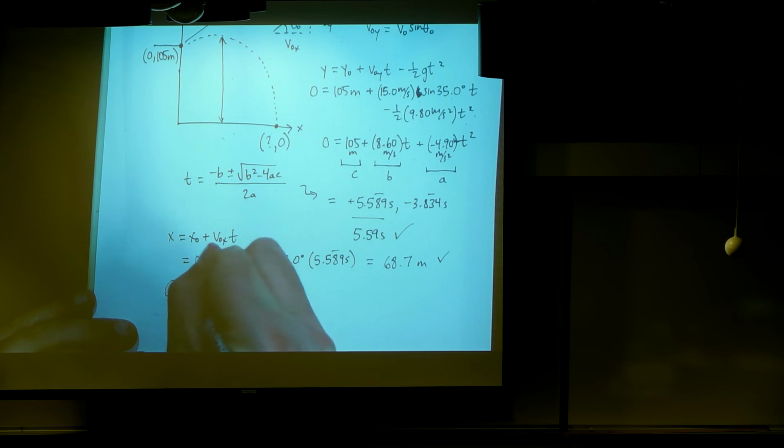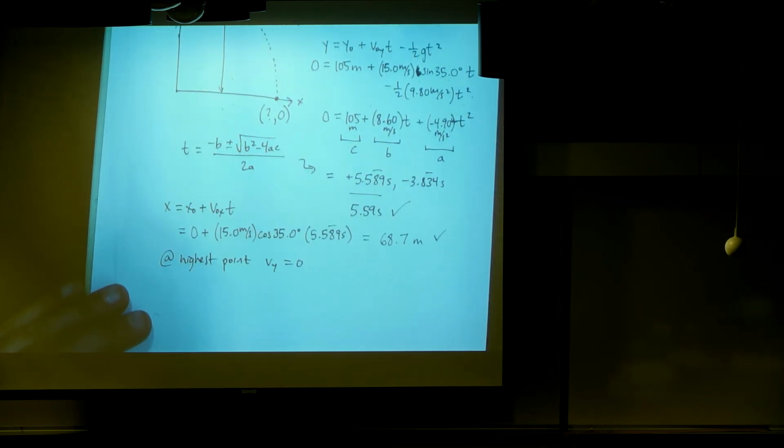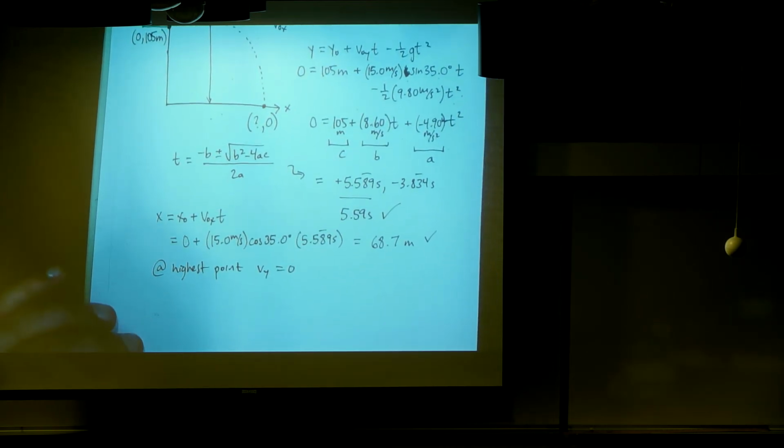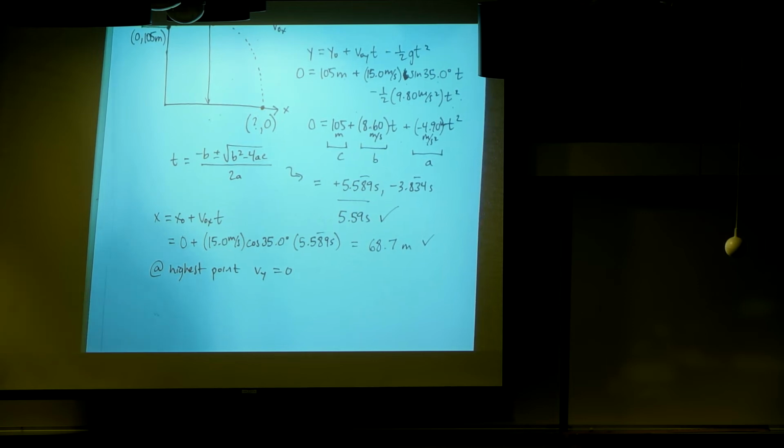At the highest point, vy is equal to 0. That's the property we're going to use here. Okay, so any ideas what kinematic equation we could use? We could do this multiple different ways, but what's the most straightforward way to go?